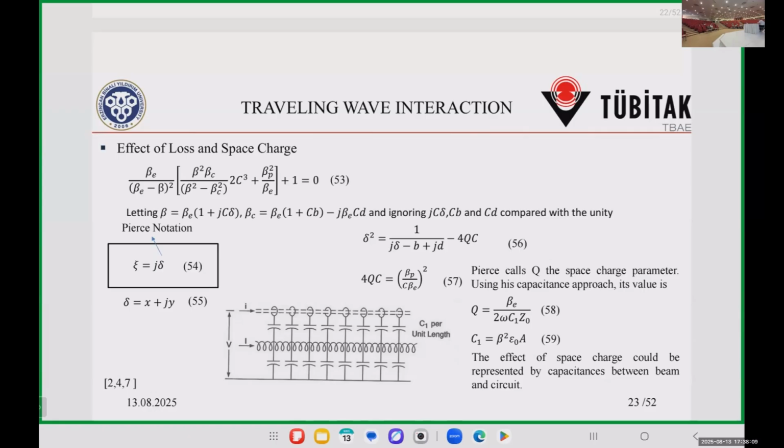Pierce calls q the space charge parameter. Using his capacitance approach, its value can be defined as this equation 58, and C1, this is capacitance per unit length, can be defined as 59. The effect of space charge could be represented by capacitance between the beam and the circuit.